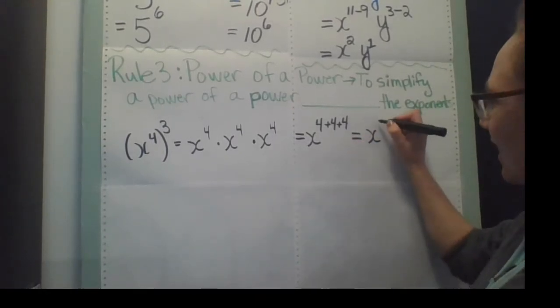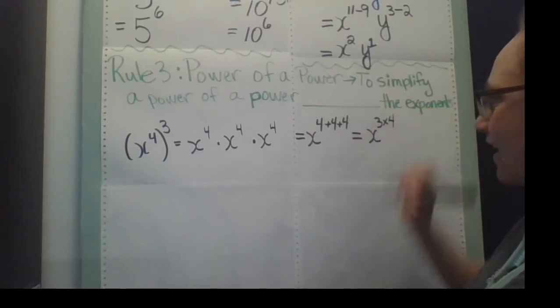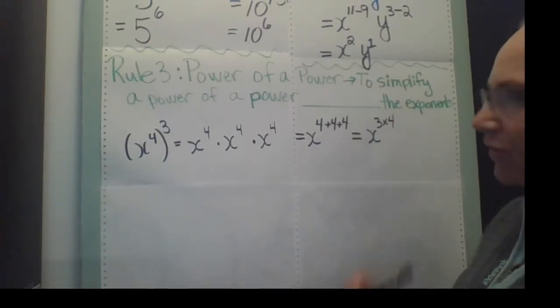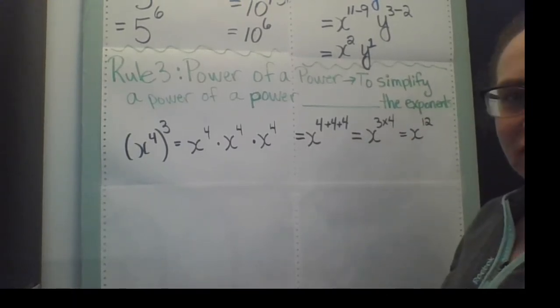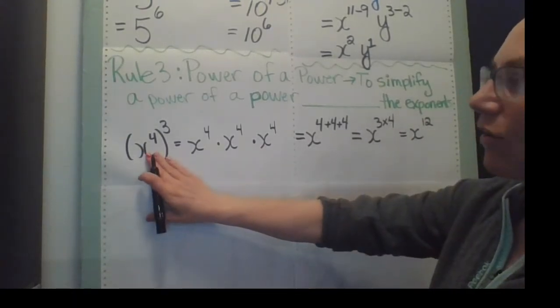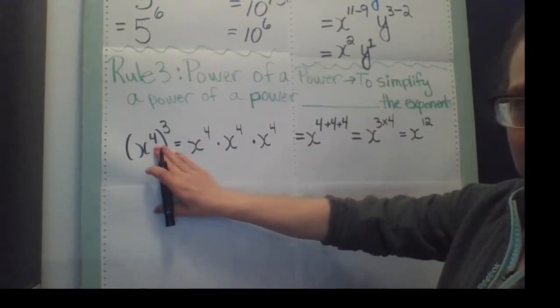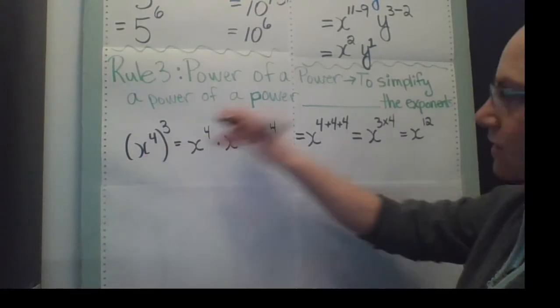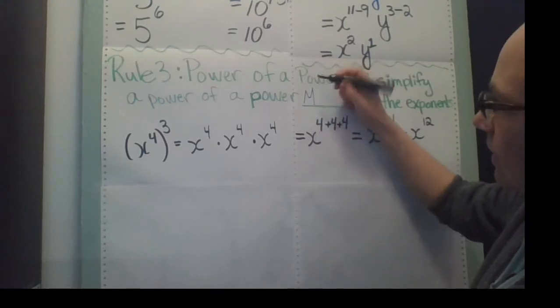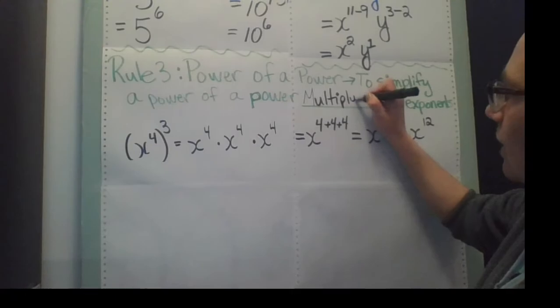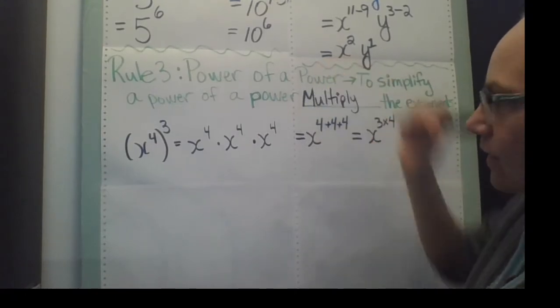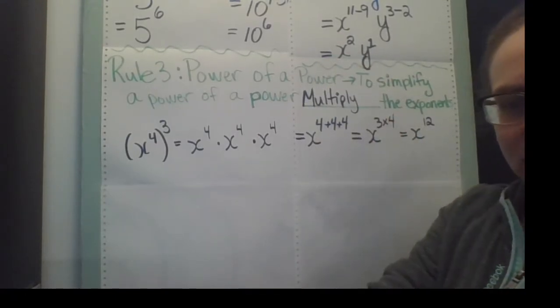So my exponent is now 3 times 4. Well, what does 3 times 4 equal? 12. So that's how we do it. When I've got a base inside that has an exponent, and then another exponent on the outside, to get my simplified answer, I just need to multiply my exponents. Okay, let's try a few examples.